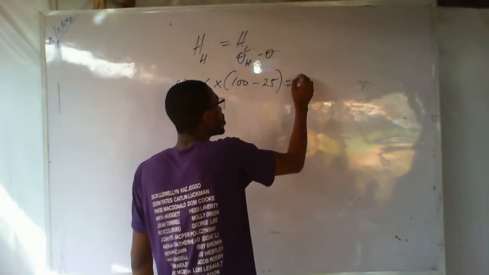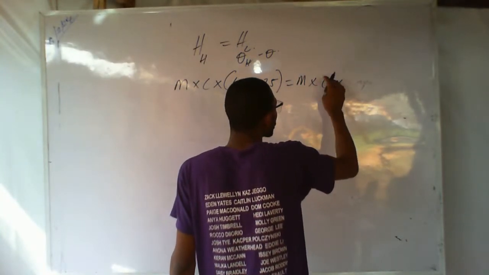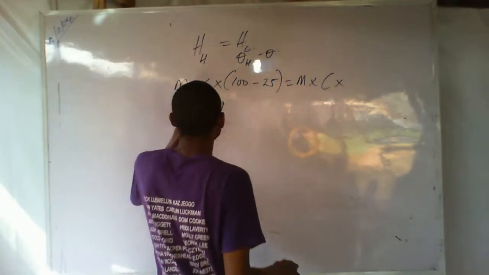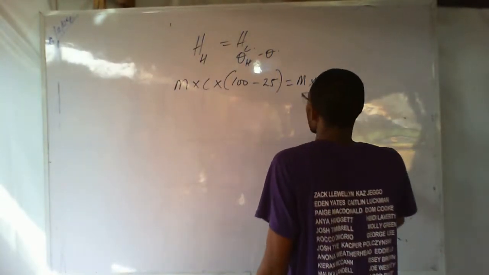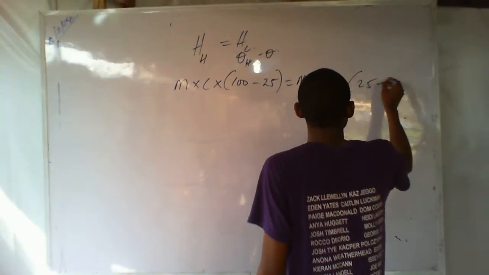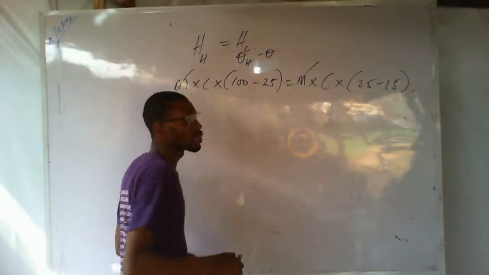Equal this times this, times, you are giving this a C. What are you giving? 25 minus 15. So these two are out.